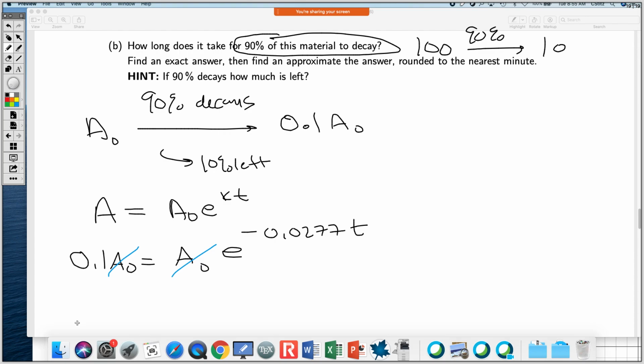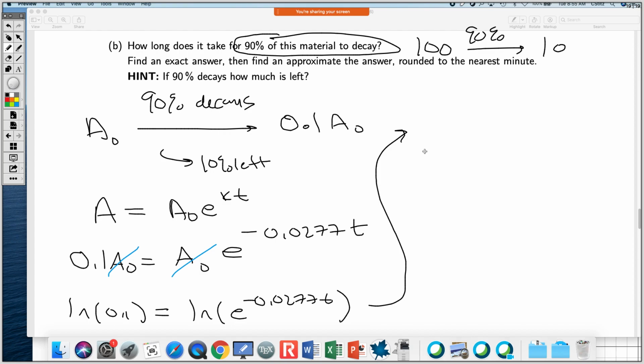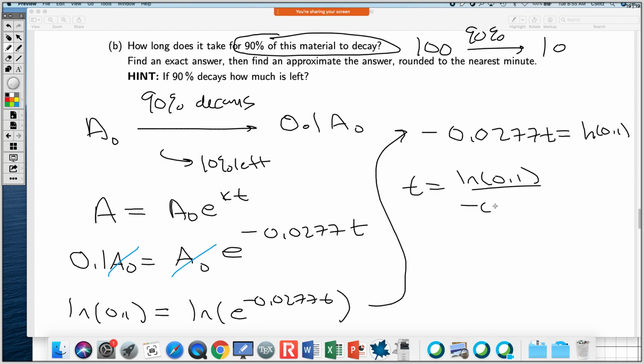Take the natural log of both sides. The natural log and the exponent base e are inverses. They completely undo each other. So then t would be the natural log of 0.1 over negative 0.0277.